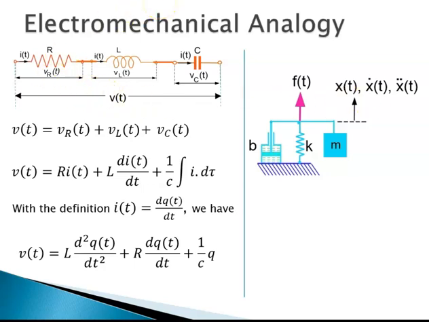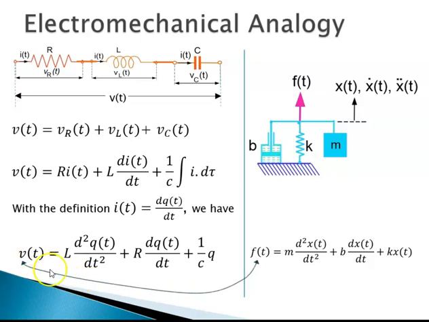With this, we can write down an equation of motion as shown over here: f(t) is m into acceleration plus b into velocity plus k into x(t). Here we can see that there is a second order term, a first order term and a zeroth order term. And we can also see that v(t) and f(t) are in comparable places on the left hand side of the equal sign.